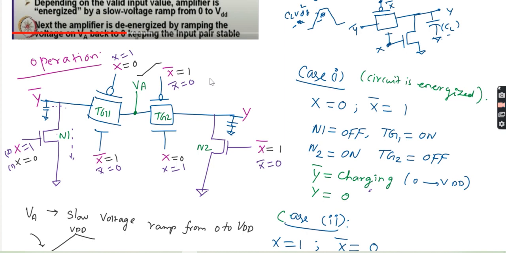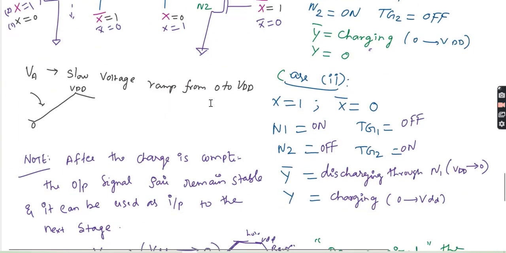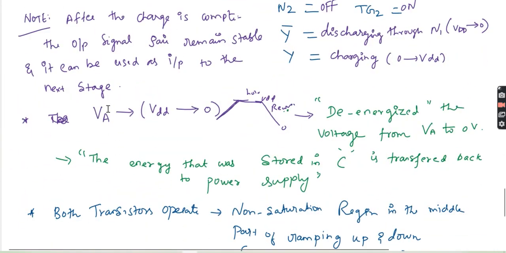Then we see the operation of the adiabatic amplification circuit. In this we see how the circuit will be energized and how it will be de-energized. Once the charge is complete, the output signal will remain stable and can be used for the next stage of the circuit.